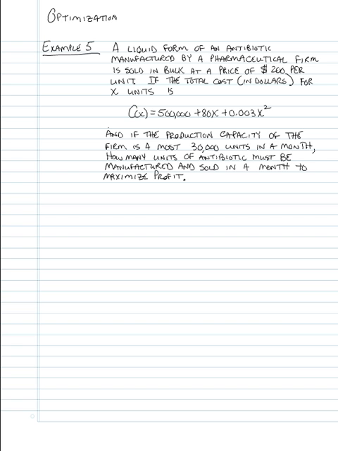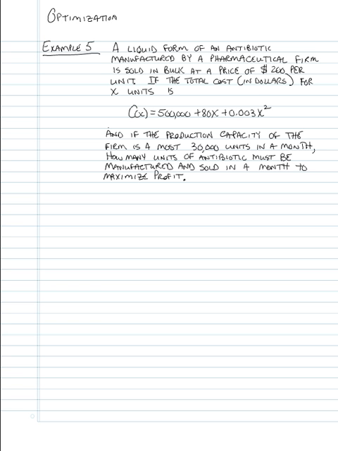If the total cost in dollars for X units is given by the formula, cost of X units is equal to 500,000 plus 80X plus 0.003X squared, and if the production capacity of the firm is at most 30,000 units in a month, how many units of antibiotic must be manufactured and sold in a month to maximize profit?